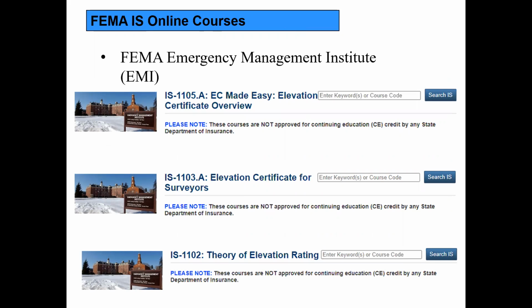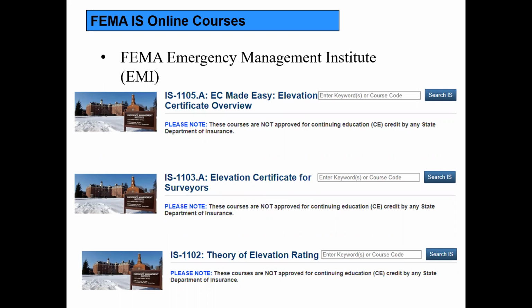There's also these independent study courses available online for elevation certificates stuff. Some of this has been outdated. With Risk Rating 2.0, a lot of guidance and education is now outdated. So the 1105 is more about the lowest floor elevation, and 1105 and 1102 are more aimed at insurance agents.